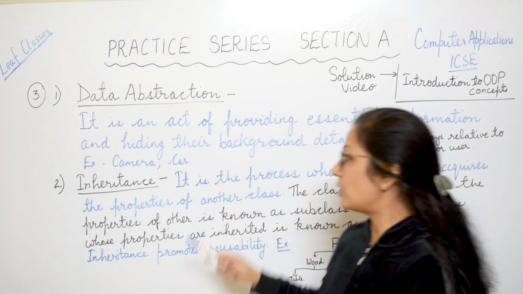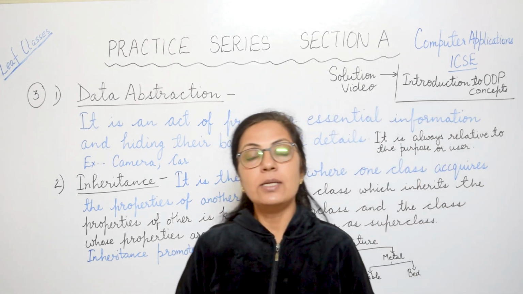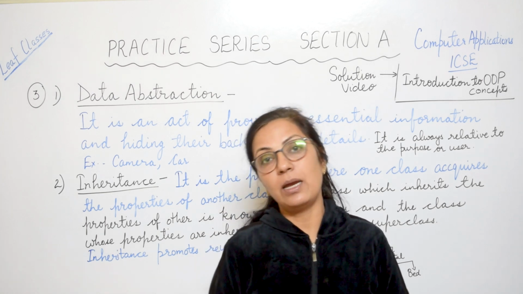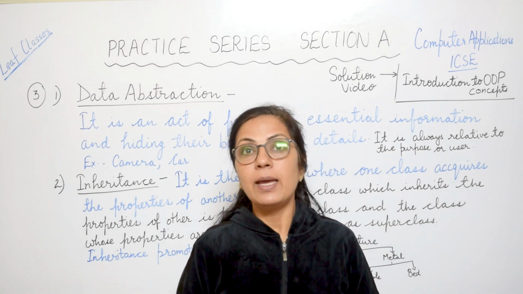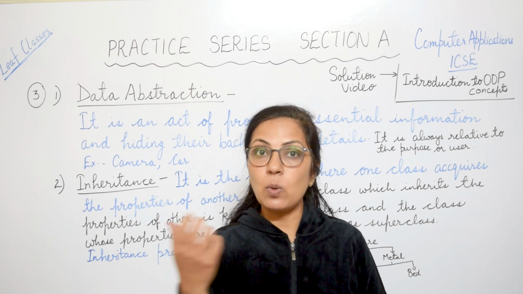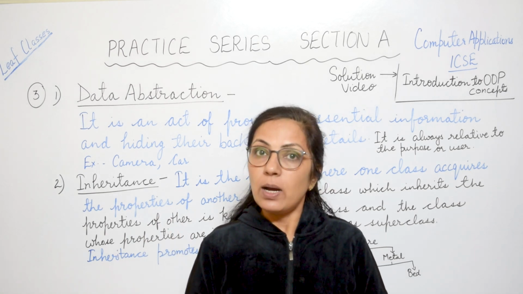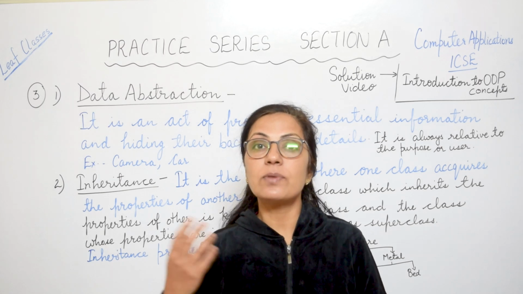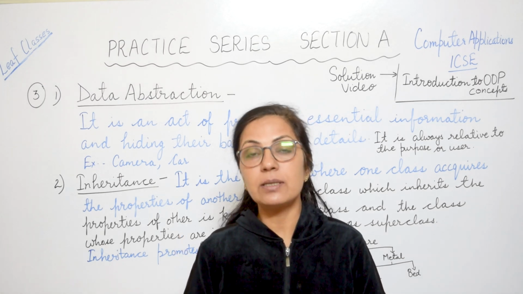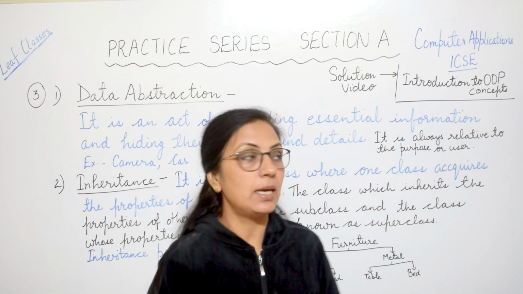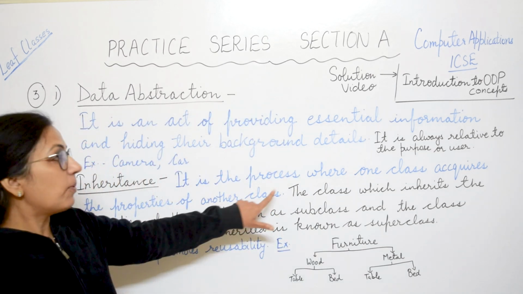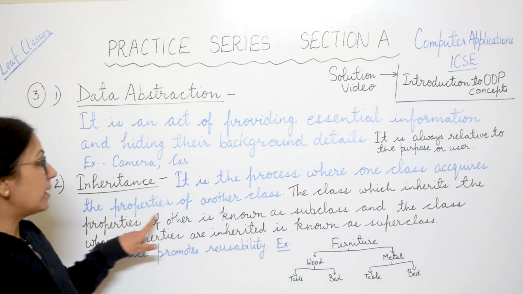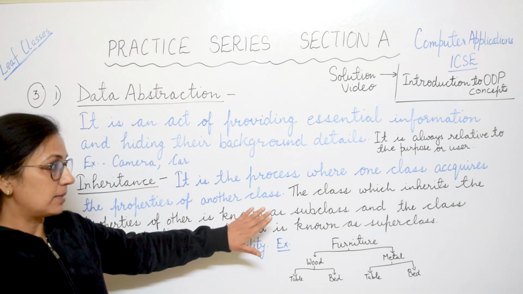The next definition is for inheritance. Children, this term you have done in your biology also. Inheriting means acquiring, right? So if a class is acquiring the properties of some another class, that property is known as inheritance. It is the process where one class acquires the properties of another class.